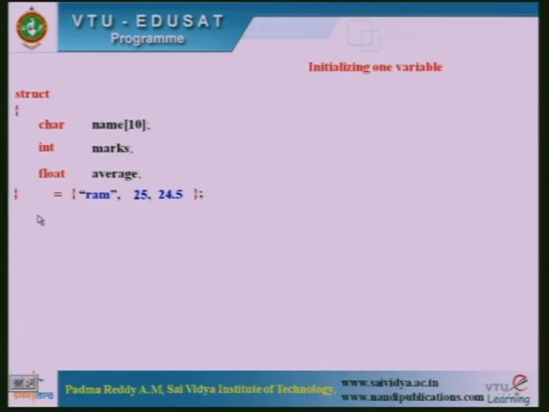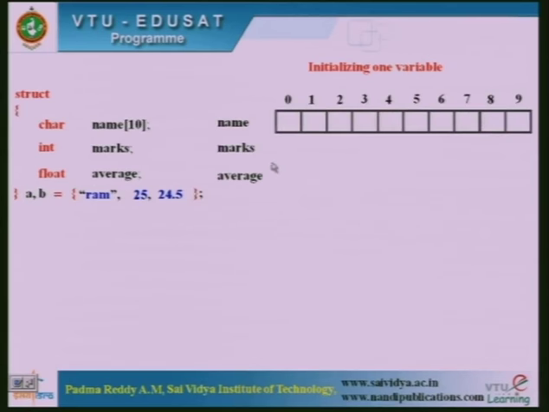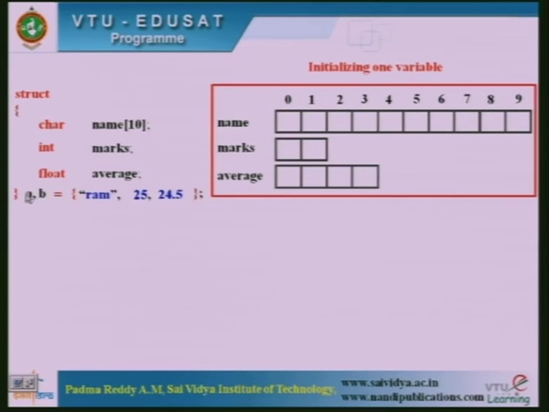Suppose, instead of writing CSC, I write A comma B. Now let us see how the memory is allocated. How many variables are there now? 2 variables are there. So 2 sets of memory locations will be allocated. This block is for the first variable. What is the first variable?